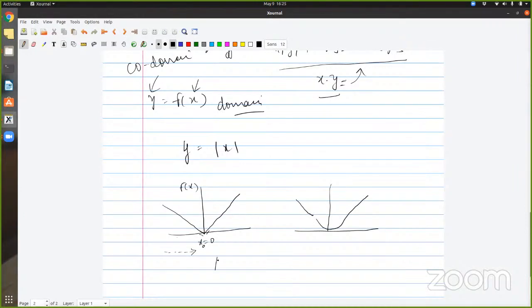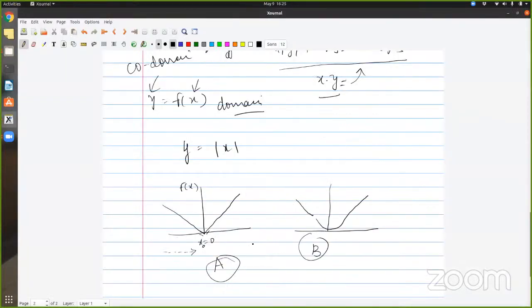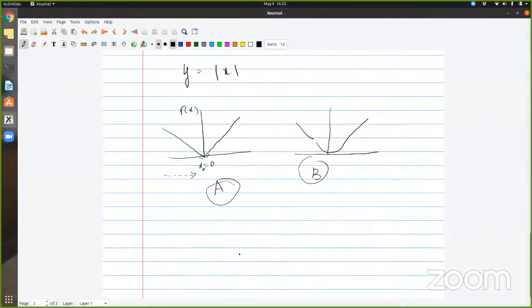Is A differentiable? No. Is B differentiable? Yes. Is C differentiable? No. Overall, there is a gap. There is a break, right?